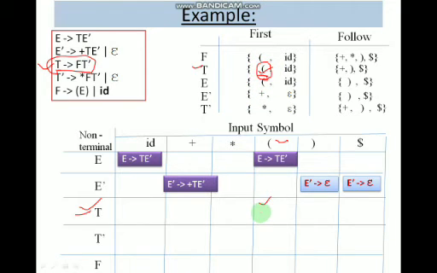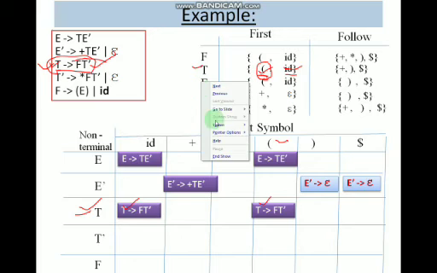So we will fill this entry here. Now for ID, where is ID? This is ID. We will fill the same entry, because first of T equals first of F T dash, and it contains ID. So the same entry.